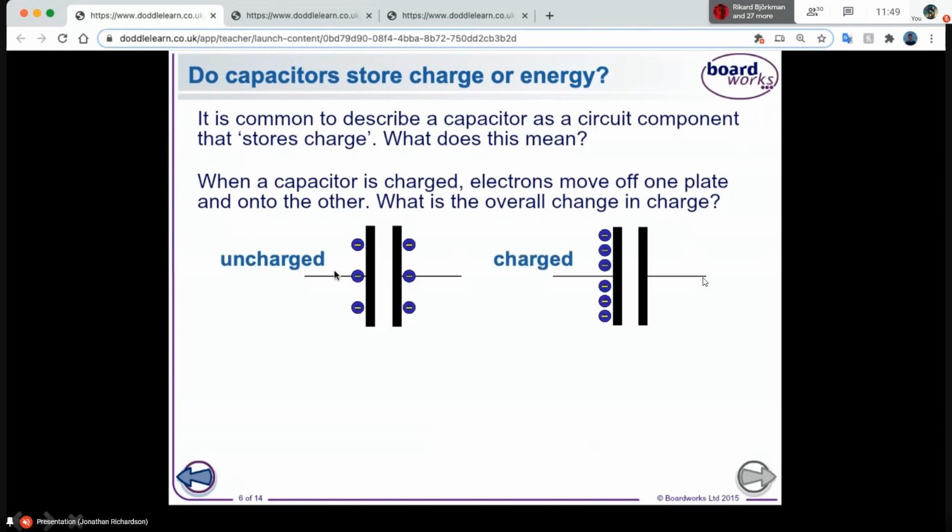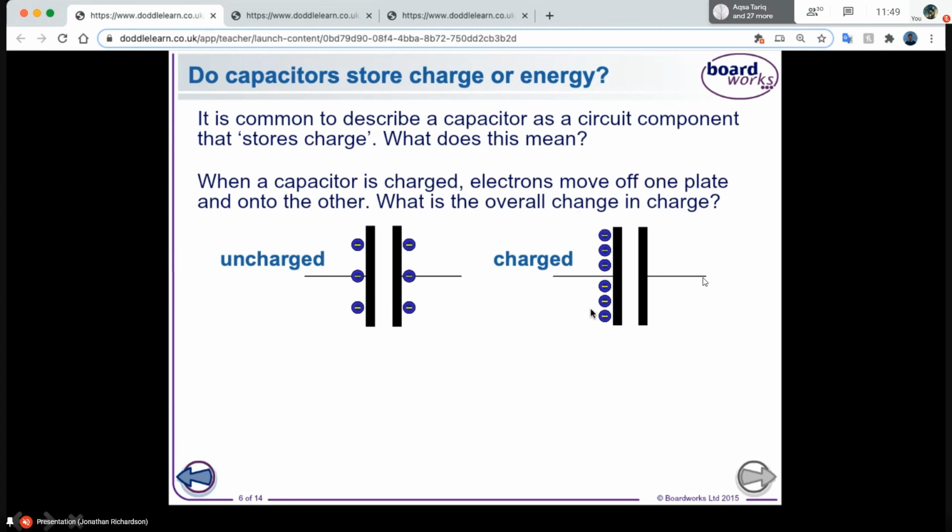Well, it means when a capacitor is charged, electrons move off one plate onto the other, and overall charge is transferred. So now I've got an uncharged capacitor, equal number of electrons on each plate. Over this side, I've charged my capacitor by putting a battery in the circuit, so all of the electrons have moved onto this plate.